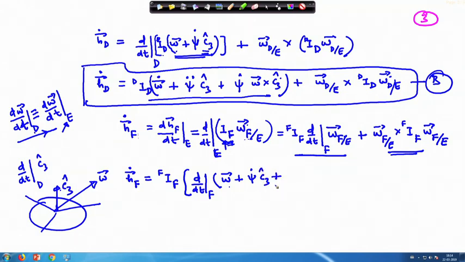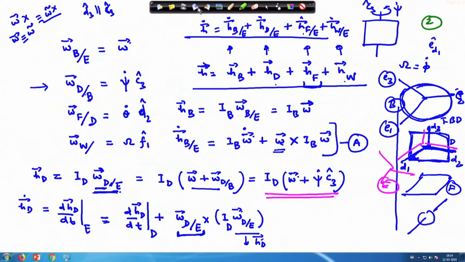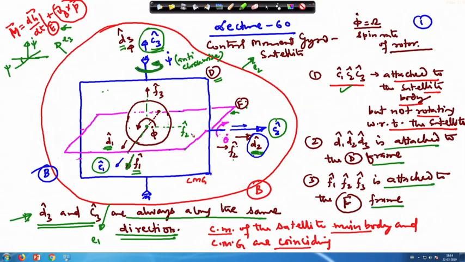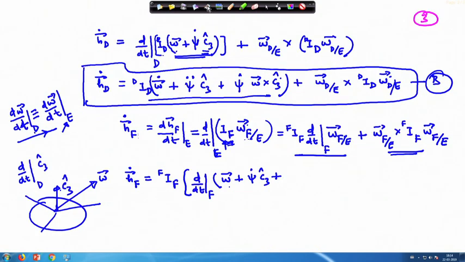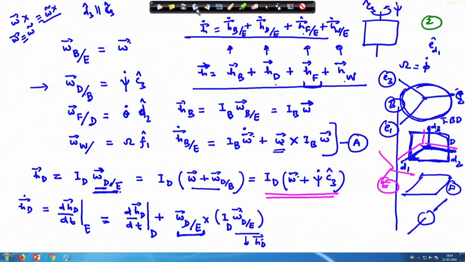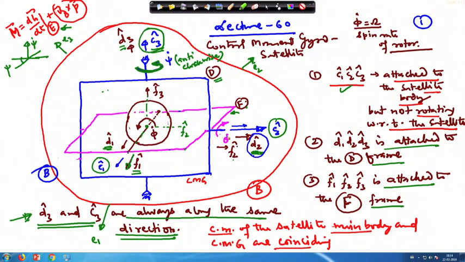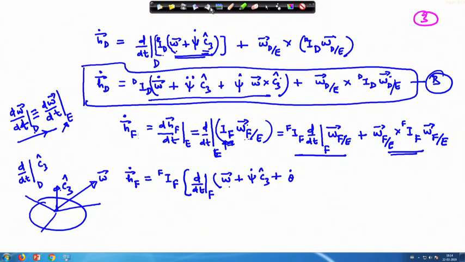And thereafter your F frame is rotating with respect to the D frame. That is given by theta dot times d 2 cap.